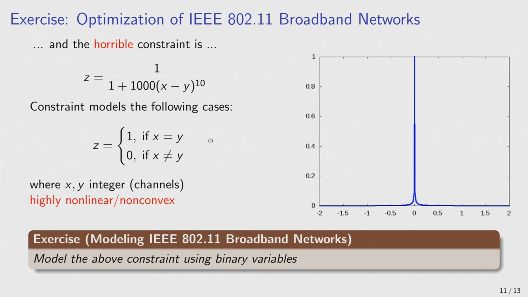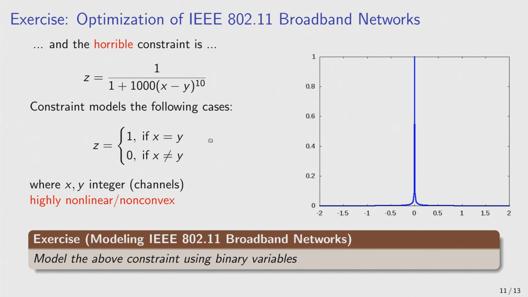If the difference is 0, if x is equal to y, then you have 1 divided by 1, which is 1. If the difference between x and y is 1, then you have 1 to the power 10, which is 1, so you have 1 divided by 1,001. And if the difference is 2, then you have 2 to the power 10 times 1,000 and invert that.